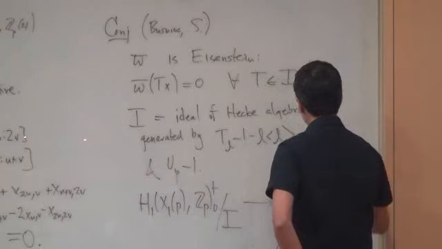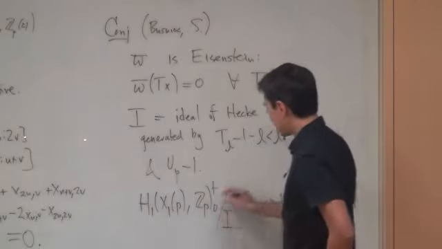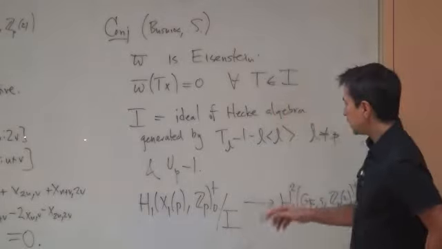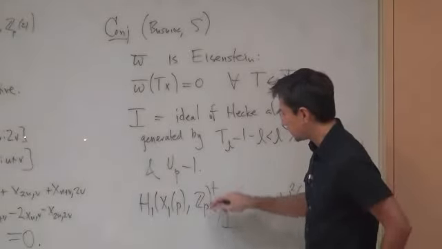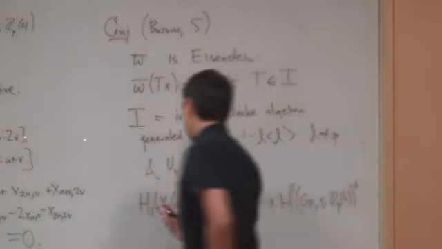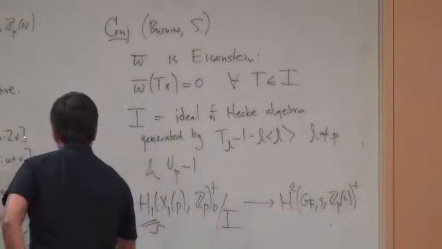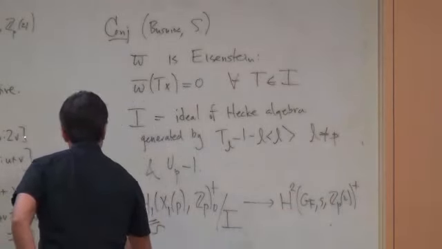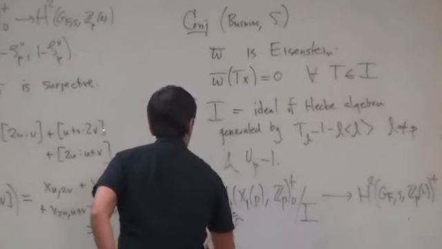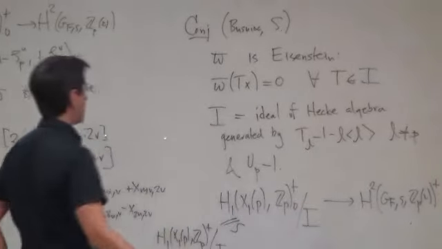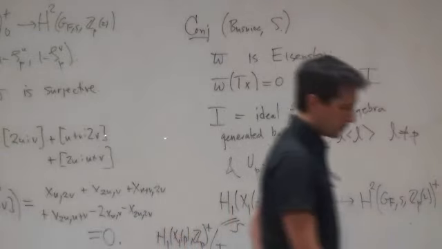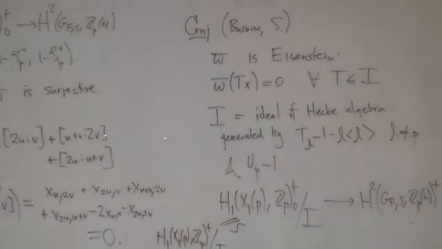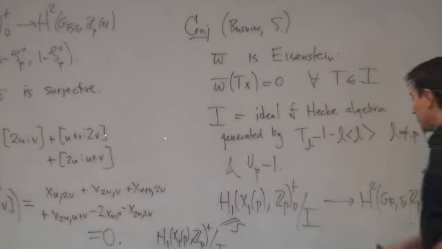And now the nice thing is, once this Eisenstein ideal is ordinary, but anyway, once we're in the ordinary part, this 0 doesn't matter. So it turns out that this thing is actually just H_1(X_1(p), Z_p) plus mod I. We could have just restricted to the usual homology, but it's harder to describe what that is in terms of the Manin symbols.